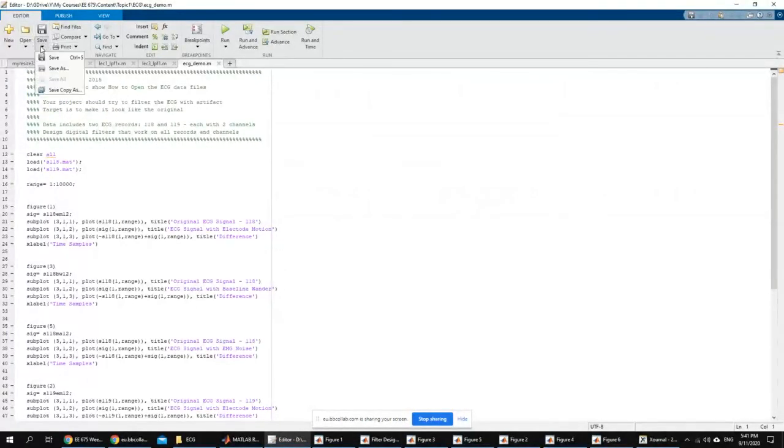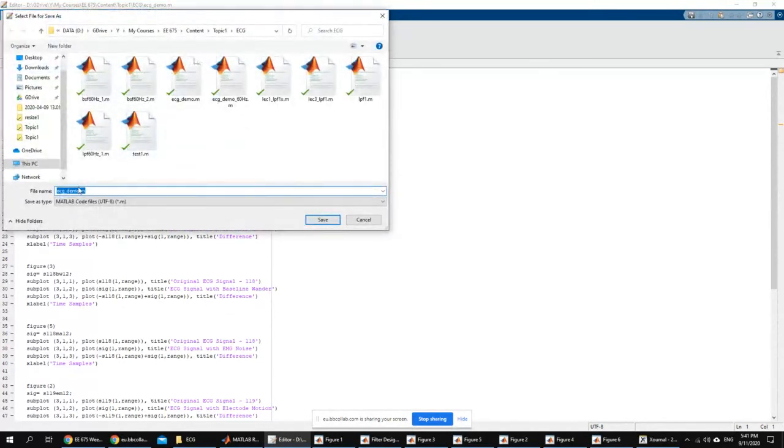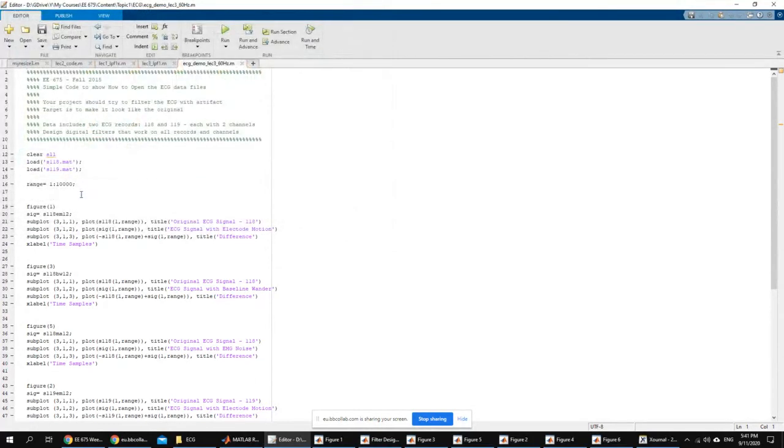So I'm going to save that as ECG demo leg 3, so that you can recognize it, okay? Here I'm loading both data files. I need only one, so I'm just going to do that.